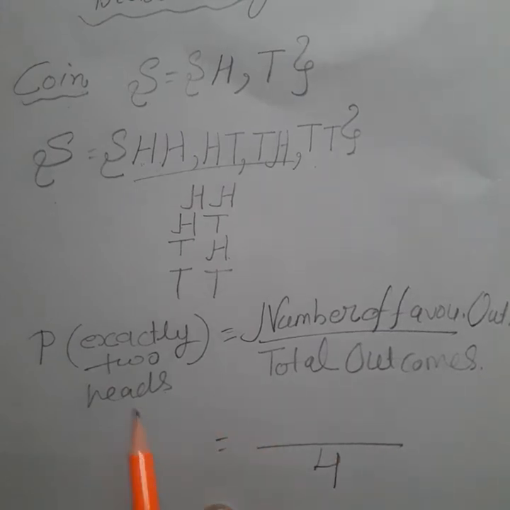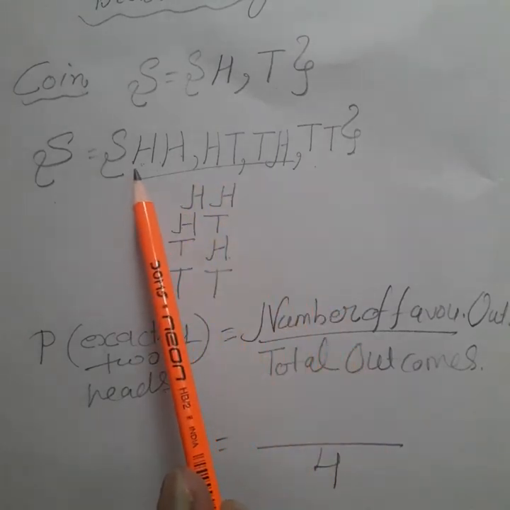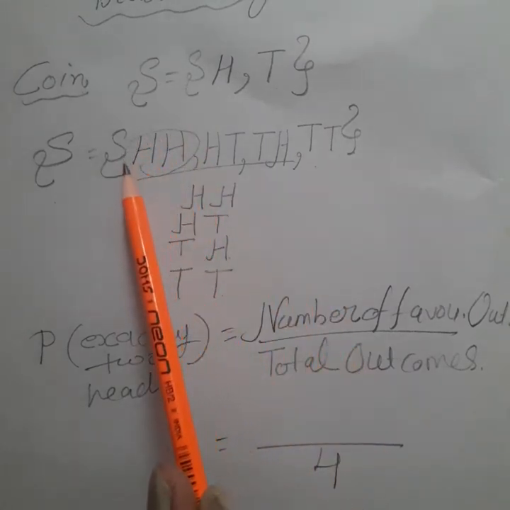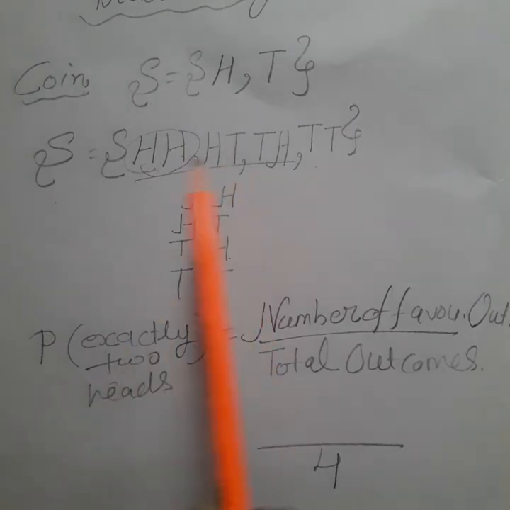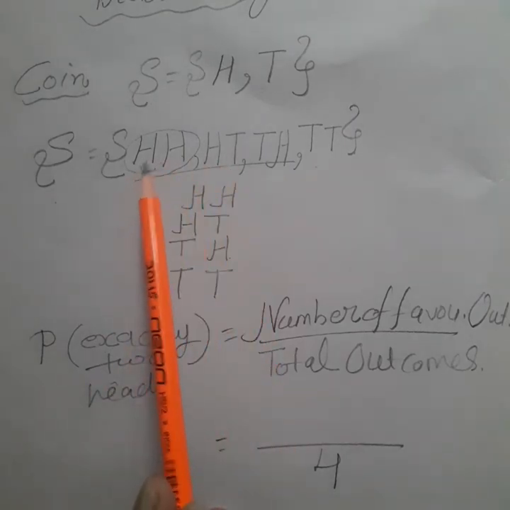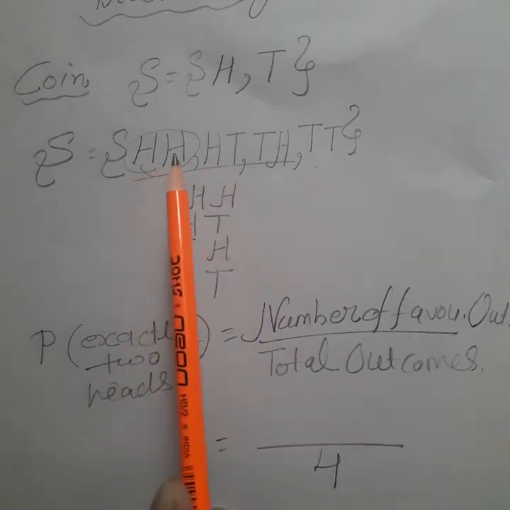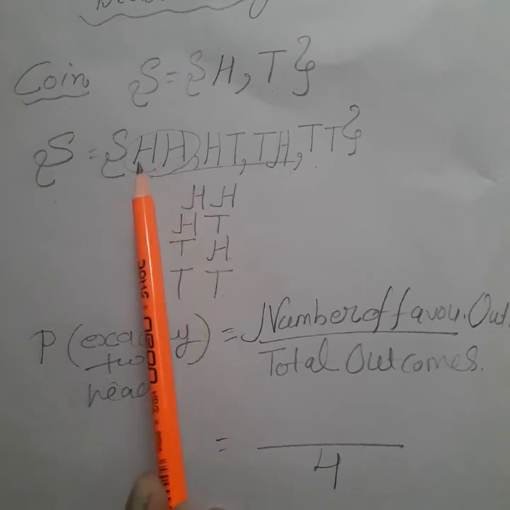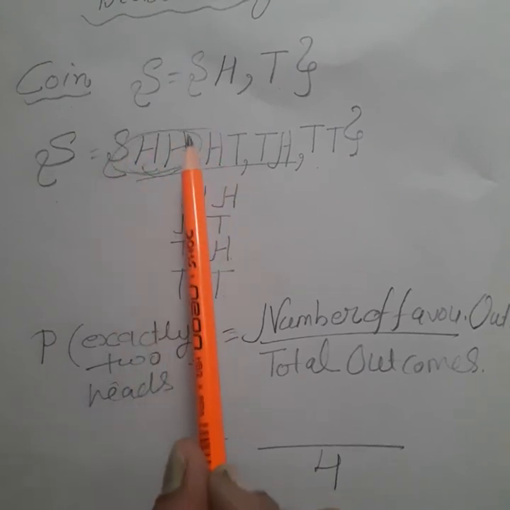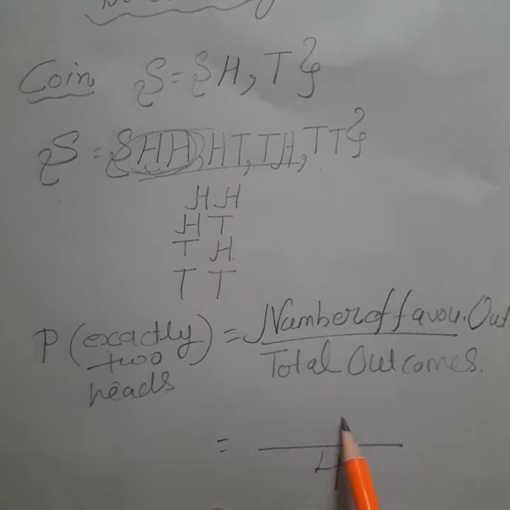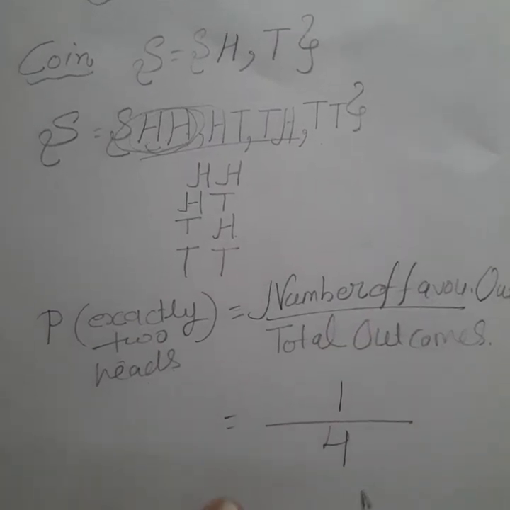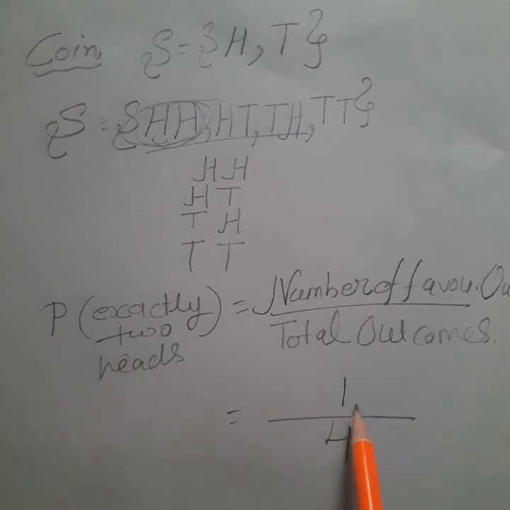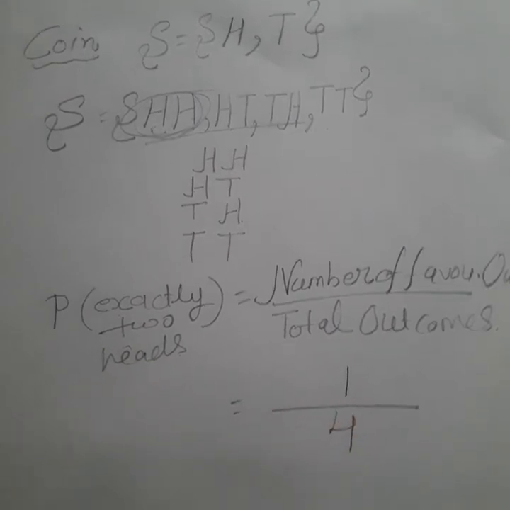And for exactly two heads, you can see very carefully that only in one case do both coins show head. This is the only possibility, so the number of favorable cases is 1. So the answer is 1 by 4.